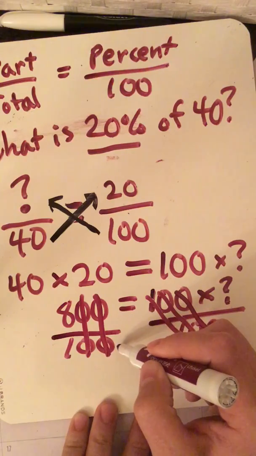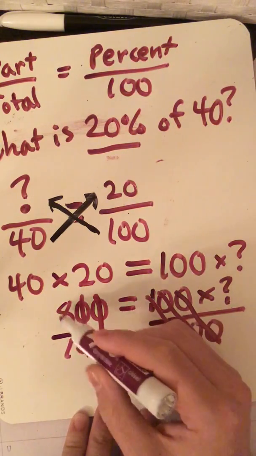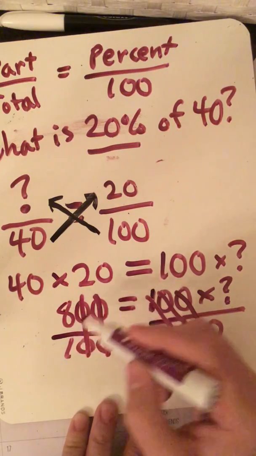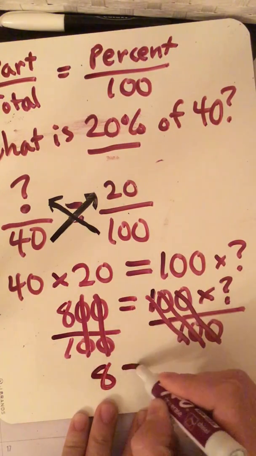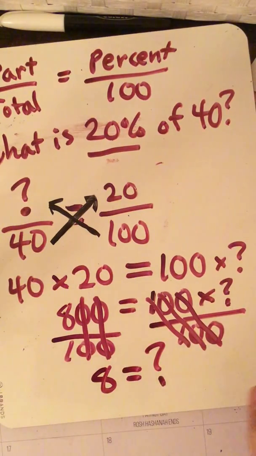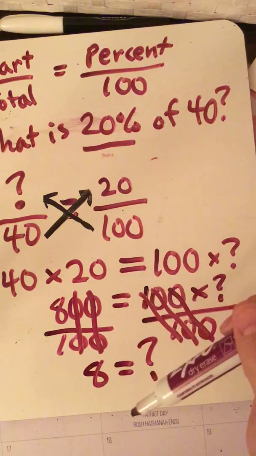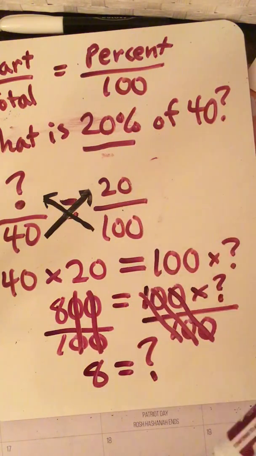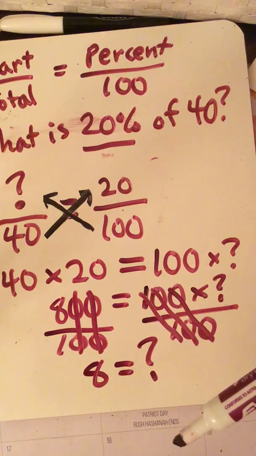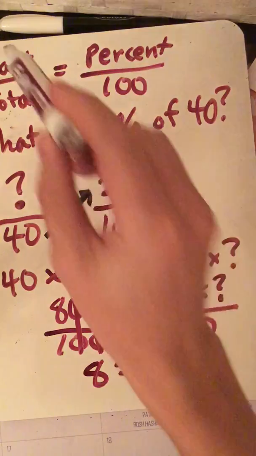I did not divide that bottom number by 100. And I get what I have here, 8 over 1, which is the same thing as saying 8 is equal to that question mark. We got the same answer. We just used proportional reasoning to figure out what that percentage is. That's how you use proportions to figure out your part.